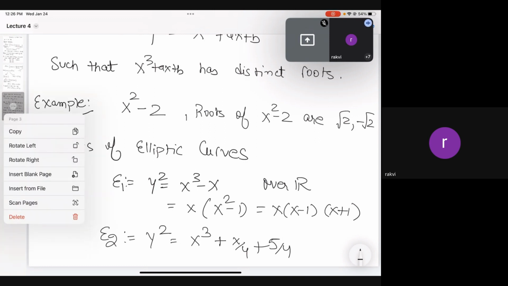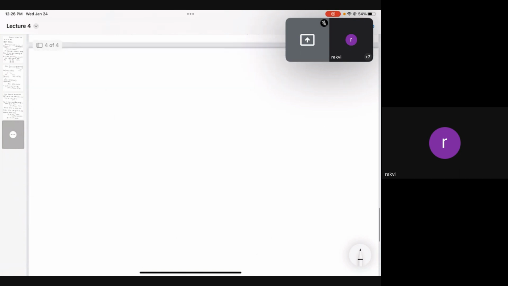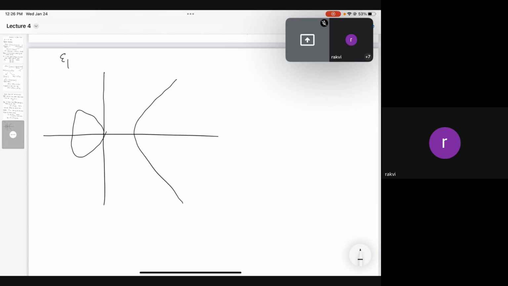Picture wise, if you want to draw a picture, for the first one, it looks something like this. There is an oval, and then for E2, something different happens.